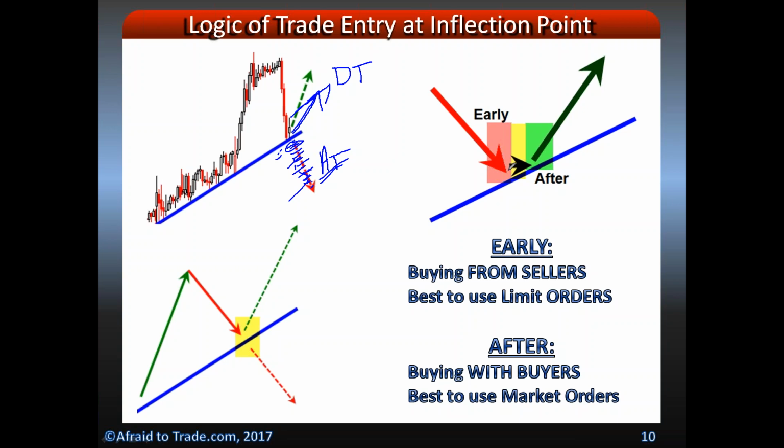So you're either going to enter or model your trading behavior to enter at the inflection point or as the market moves away from it. There are advantages and disadvantages to both strategies. Of course, you're going to be early and have a tighter stop if you are closer to the inflection point. But if the market starts to fall and doesn't even remotely go up, you're going to have a losing trade.